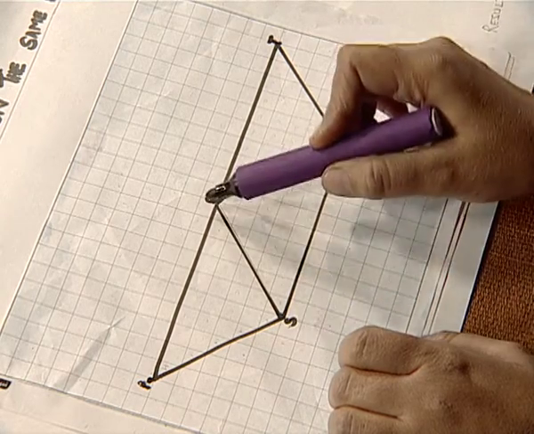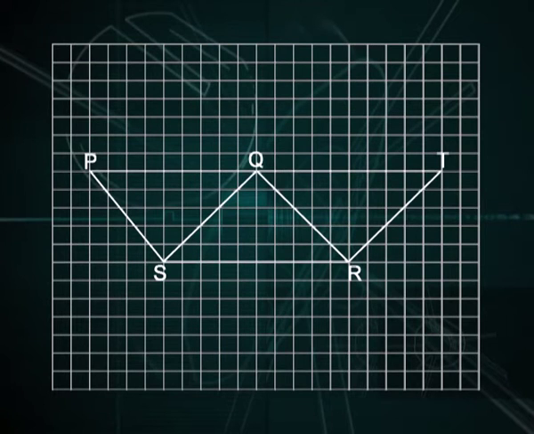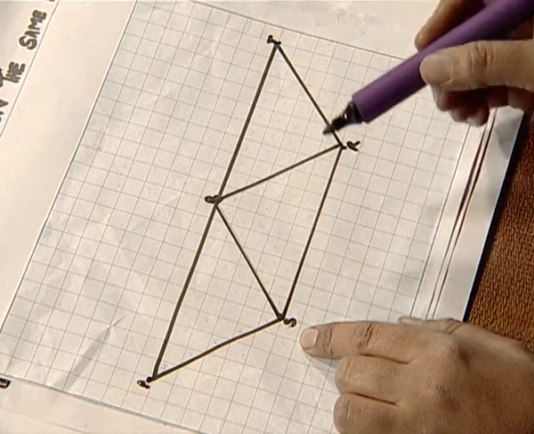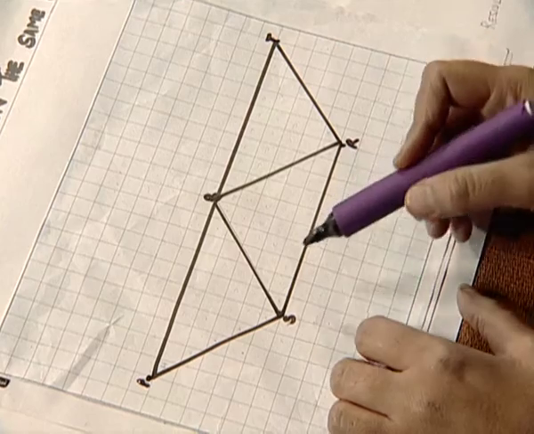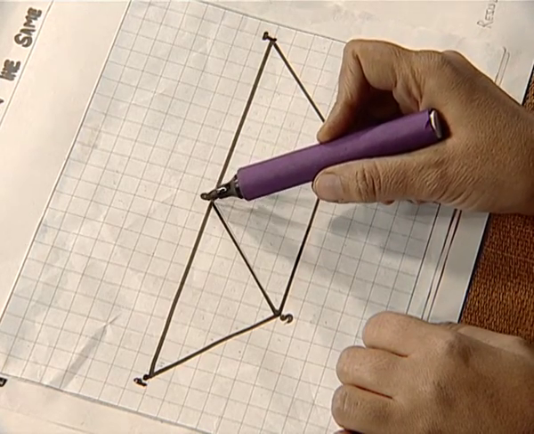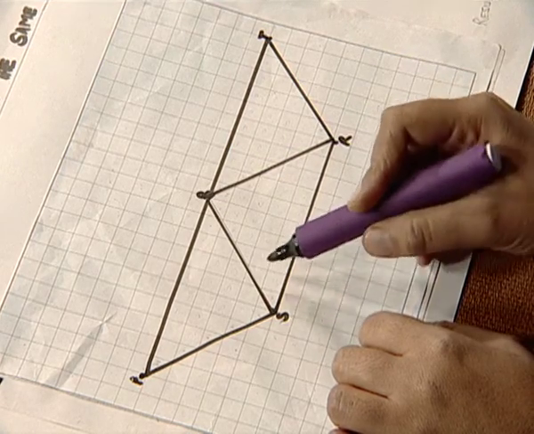QRS and QTR by finding areas of complete squares, more than half squares and less than half squares enclosed in these triangles. So, let us start counting the number of complete squares in the triangle. First we take triangle QRS.